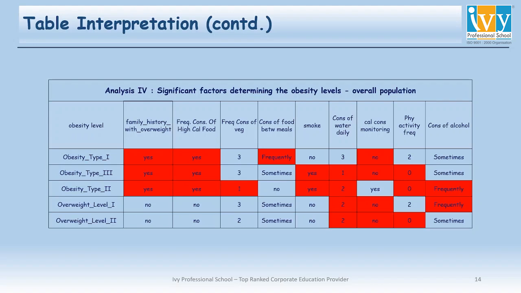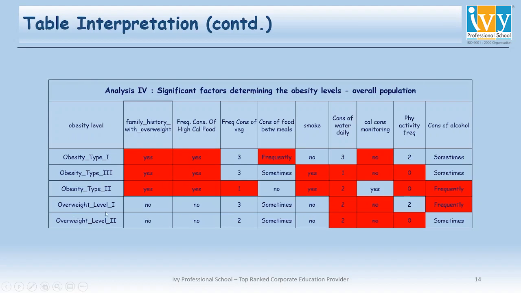The factors influencing obesity type 2 level categories are family history with overweight, frequent consumption of high calorie food, low consumption of vegetables, smoke, limited intake of daily water, no physical activity frequency, and frequent consumption of alcohol.